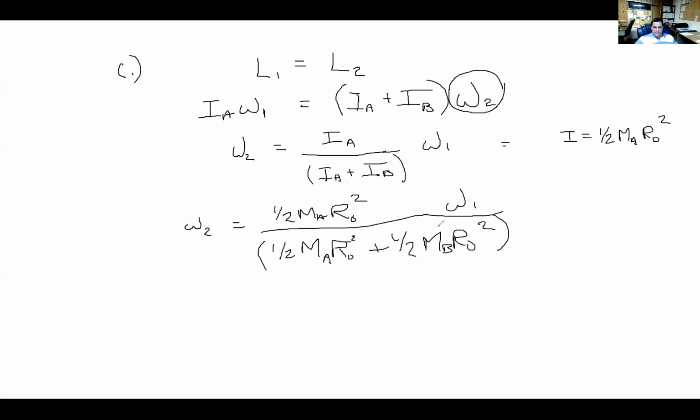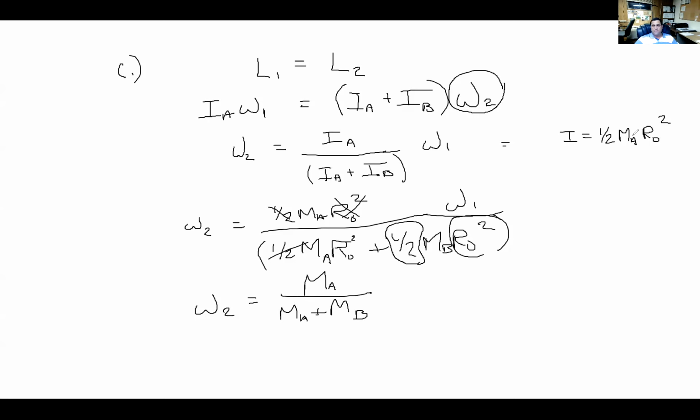So you can see that I can factor out this 1/2 and this r_0 squared and bring it out. And then I have this 1/2 and r_0 squared. So all of this cancels so that it reduces down to m_A over m_A plus m_B.